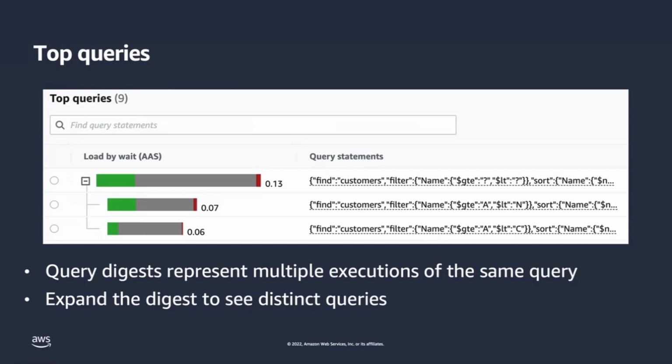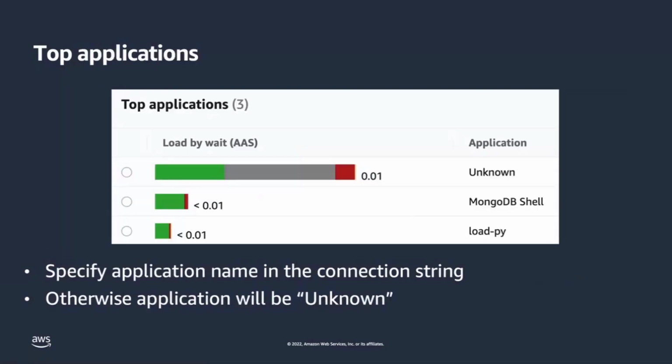But then you can expand that to see the distinct queries. It's a way so that we don't fill up the list of top queries with 20 different customer lookup queries. We just create, effectively, a single customer lookup query digest. That way you can see other queries in the display.